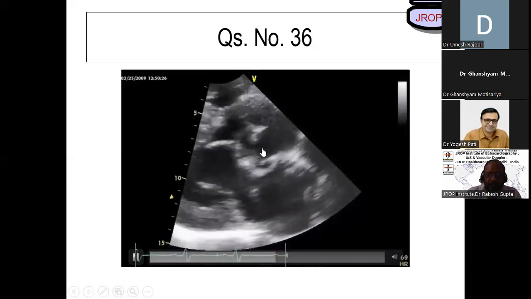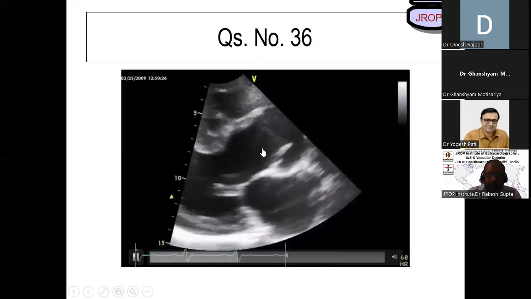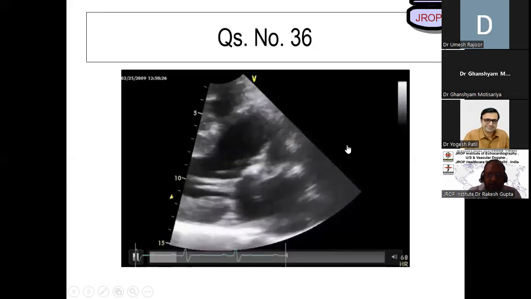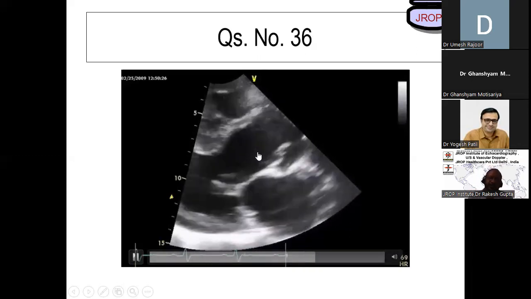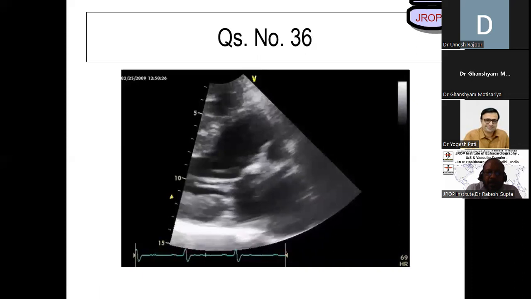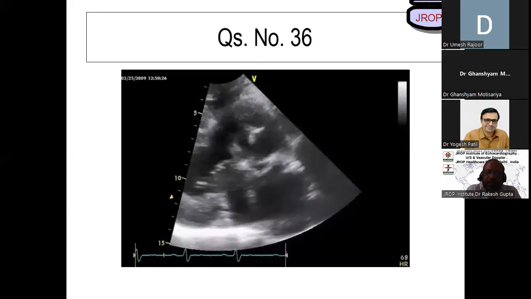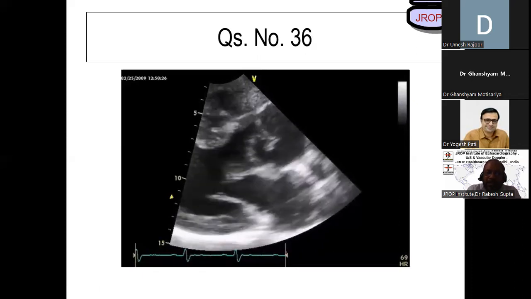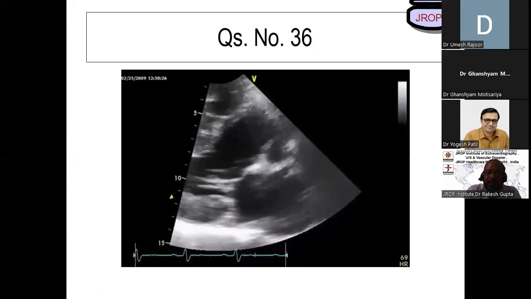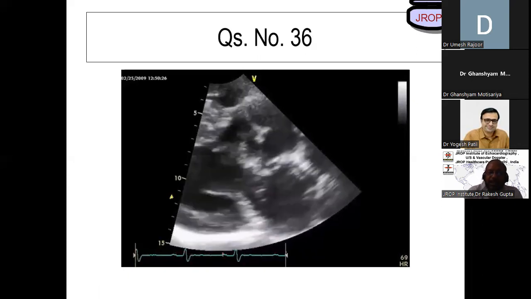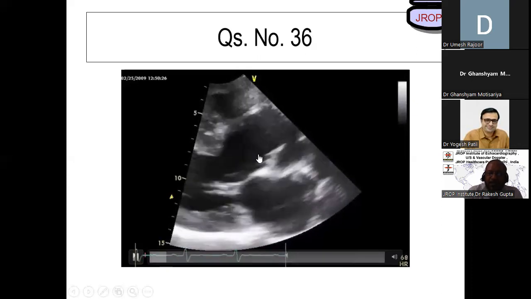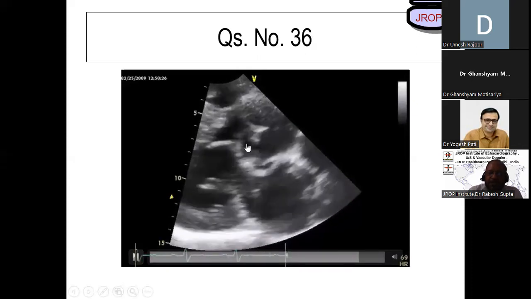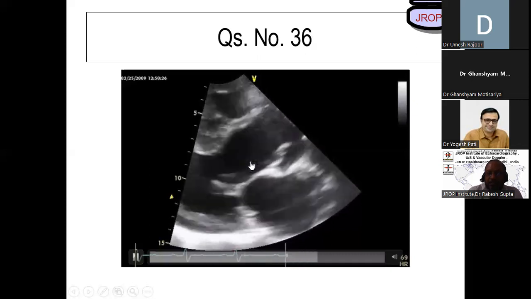What is this cusp? Normal, abnormal? It seems to be prolapsing back into the LVOT, but the coaptation line is maintained. And this is the non-coronary cusp. So, sir, there's a prolapse of the non-coronary cusp seen in this flax window.